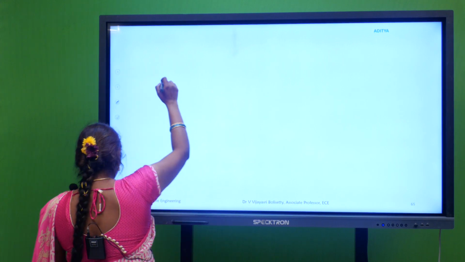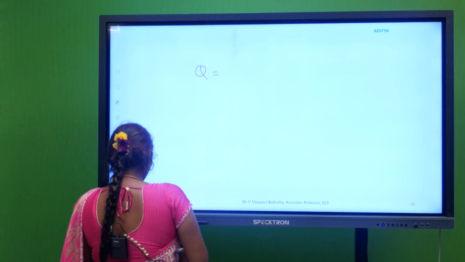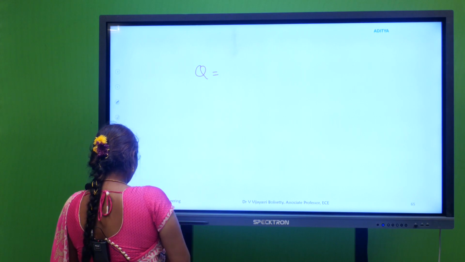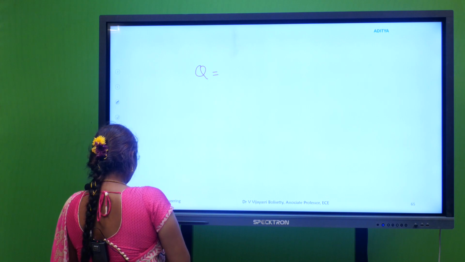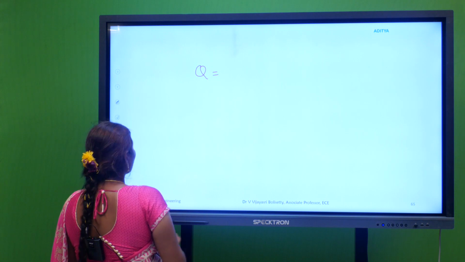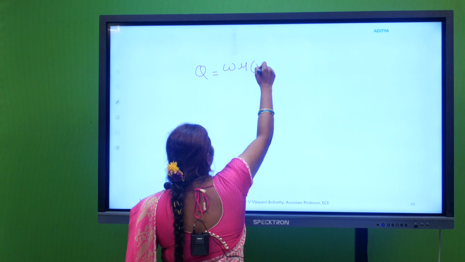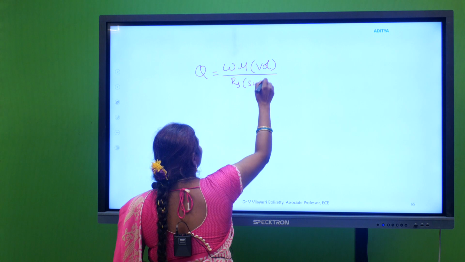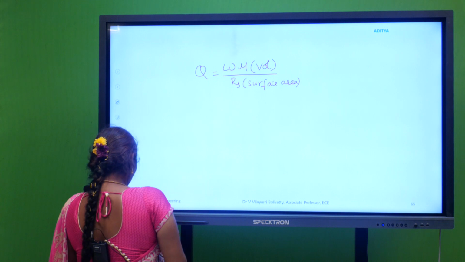So anyhow we write Q here. This Q is equal to omega mu volume by Rs into surface area.